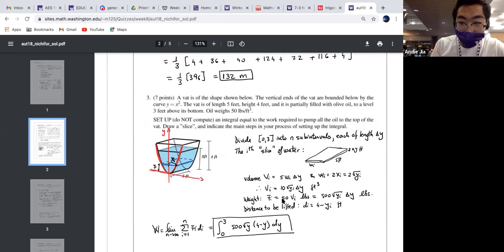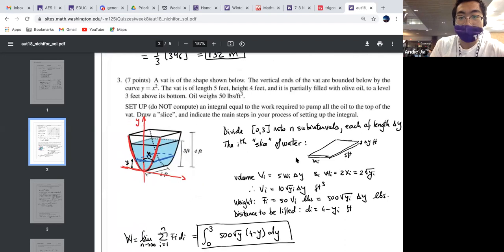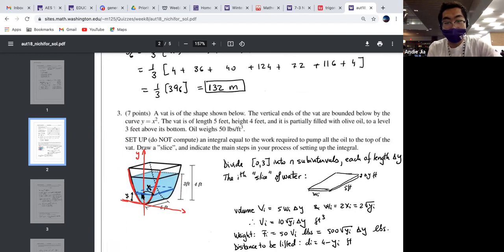As for the weight, it is 50 pounds per foot. The width is here, and here's 5 feet. This is the width this way, and for each thickness it is here.